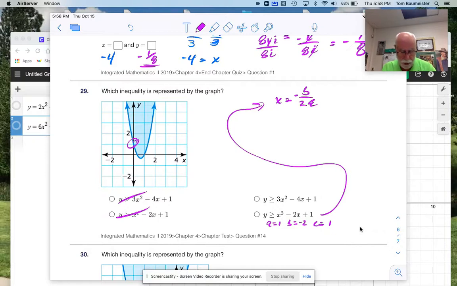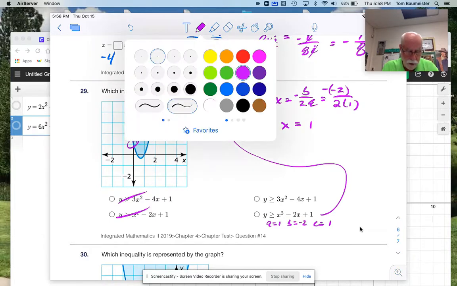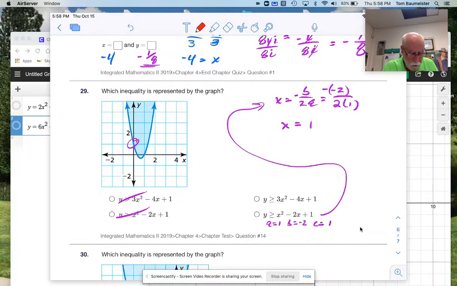So if I do that, I'll have negative of negative 2 all over 2 times 1. So our x would be at 1, right? So if you think about it, our axis of symmetry on this one right here would be right here.